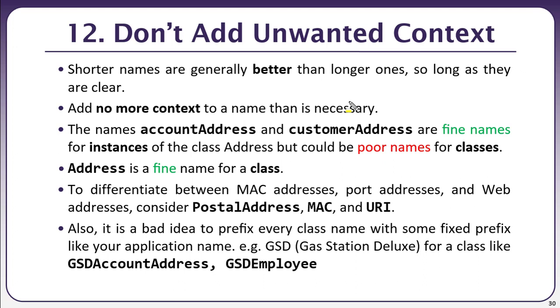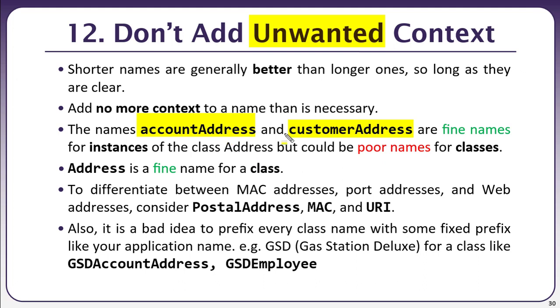And finally, the last guideline of today's discussion and this lecture is that we should not be adding extra or unwanted context in our names. For example, the names account address and customer address are fine if they are the names of your reference variables or the names of your objects.